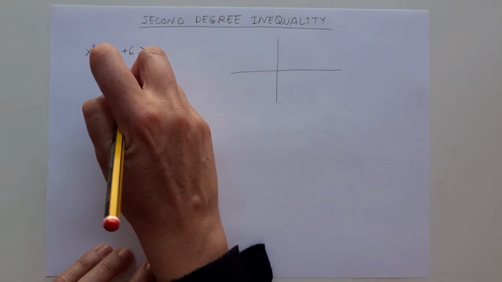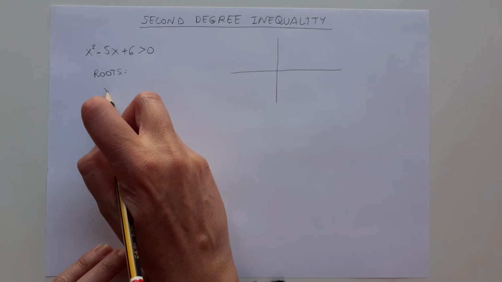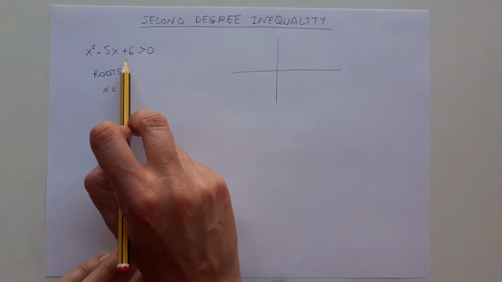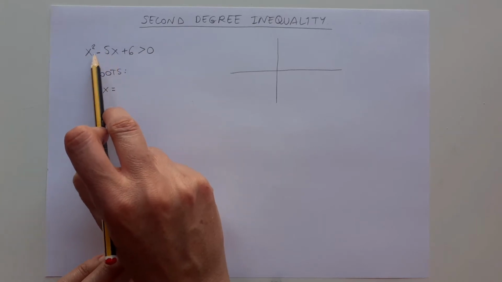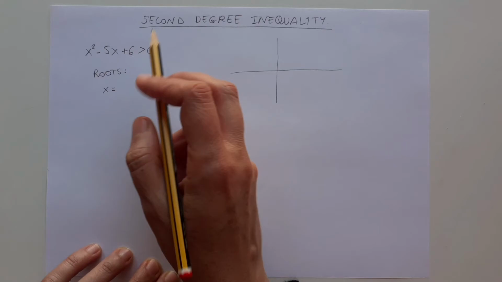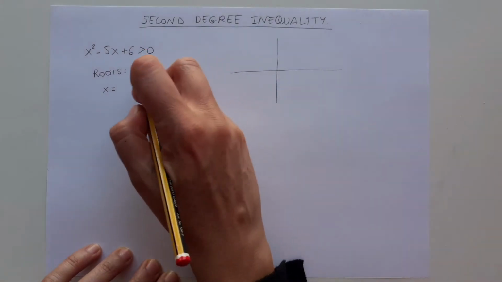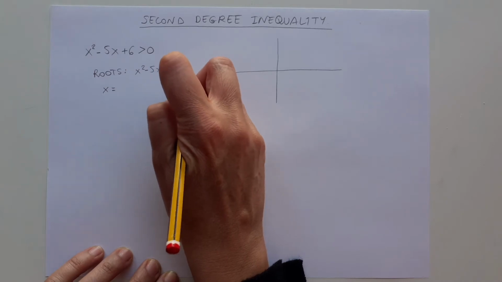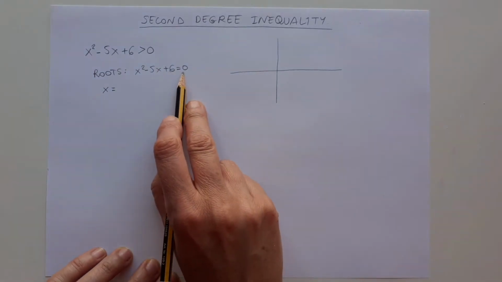To calculate the roots, we are going to use the second degree equation formula, because remember that a root is a number that if you place it instead of the variable, you will obtain 0 as a result. So to calculate the roots, we just have to solve this second degree equation.